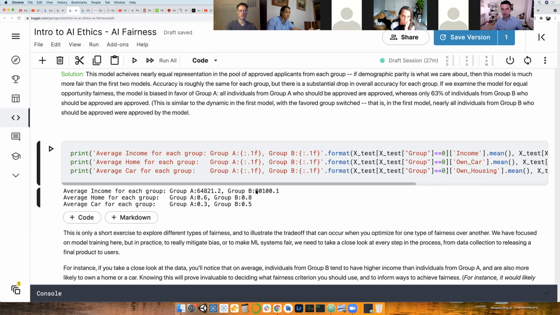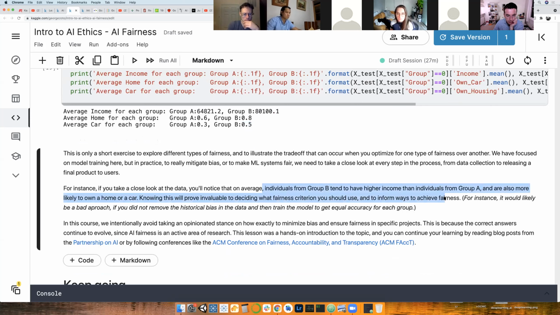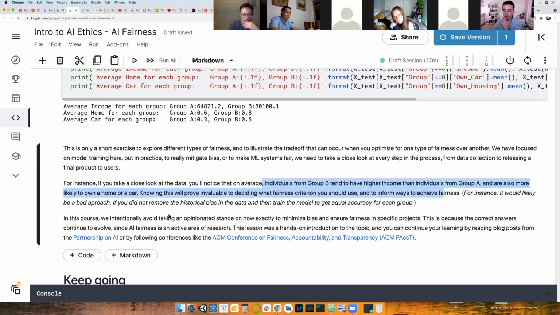So basically, these are the slightly richer applicants with more cars and more homes. Yeah, that's the same observation here. And really the notebook ends with some more links of keeping this in mind and using some other resources as well as this conference that was new to me.